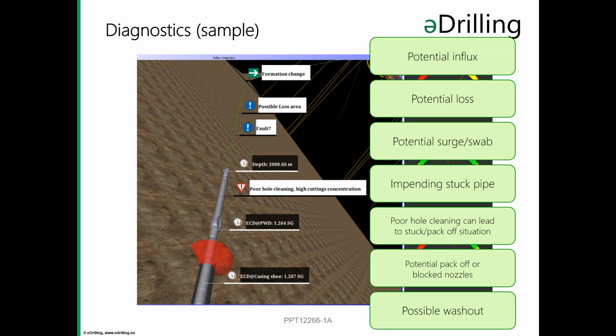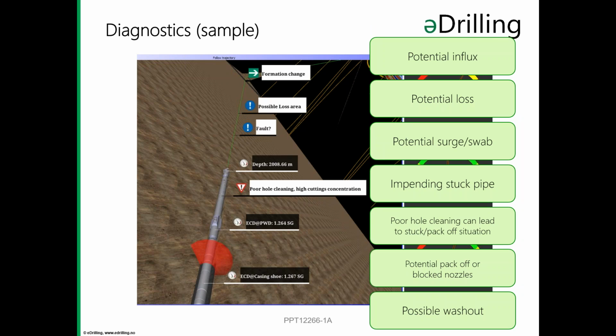And here are just some of the examples of events that we detect. We detect if there's a potential influx, which typically means monitoring the pits and the return flow. It also looks at the pore pressure versus ECD and so on.